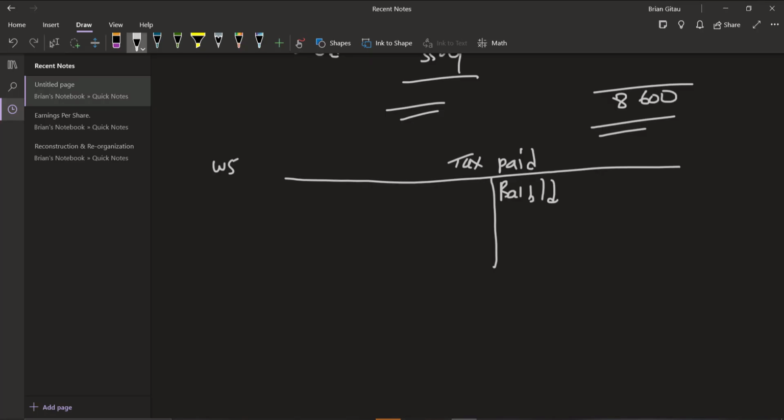So let's go ahead and use them together. We have deferred tax and we also have current tax. Deferred tax is 7,070.